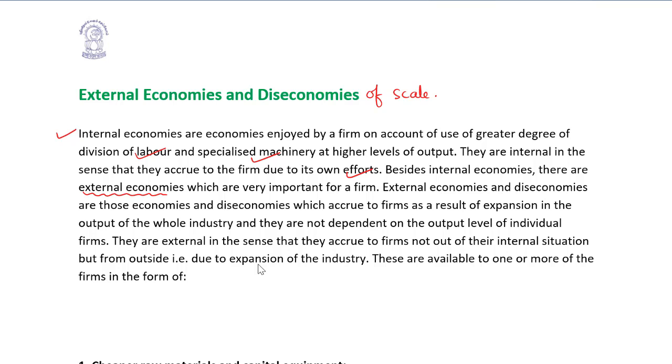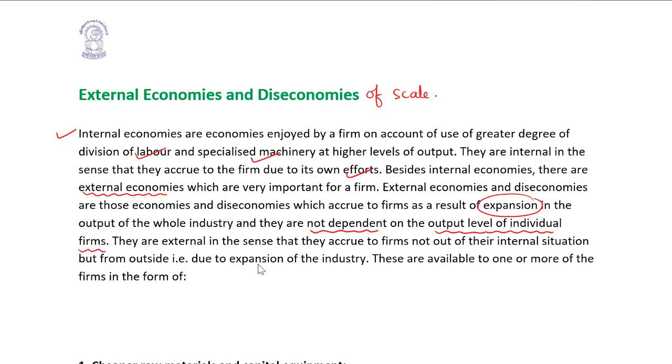We can say that external economies and diseconomies are those benefits externally and benefits internally, which accrue to the firm as a result of expansion of output in the whole industry, and that are not dependent upon output of individual firms.